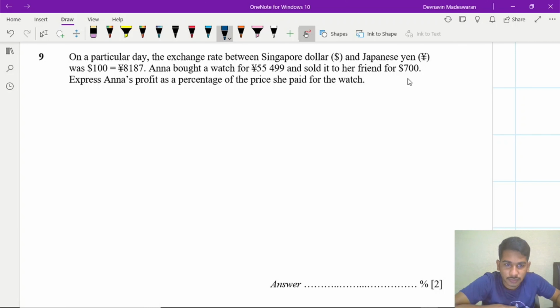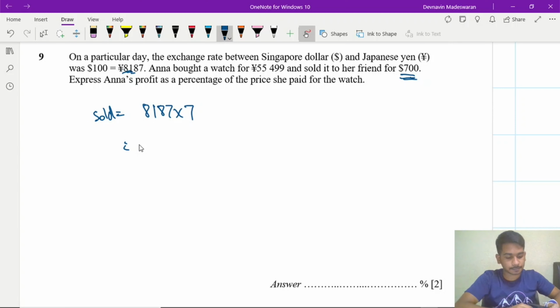So if he got $700, let's convert it all to yen. He sold for 8187 times 7, so it's going to be 57,309 yen.